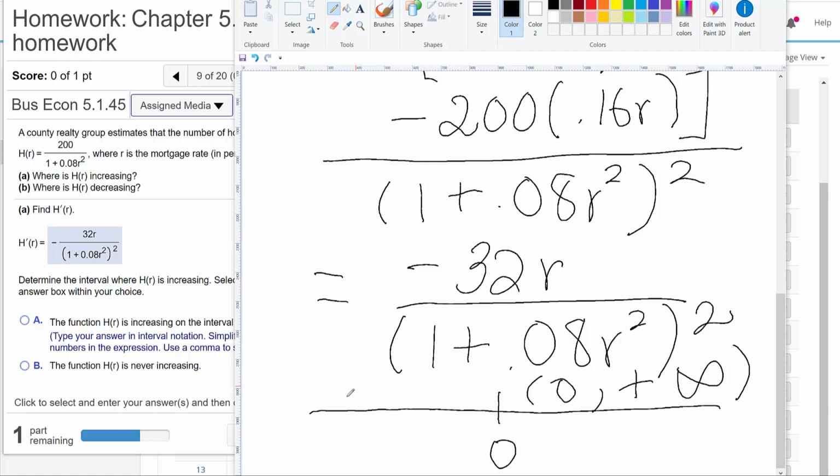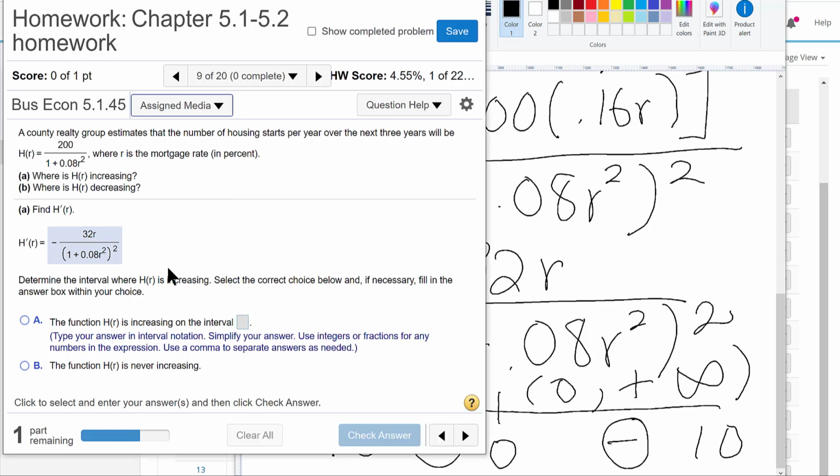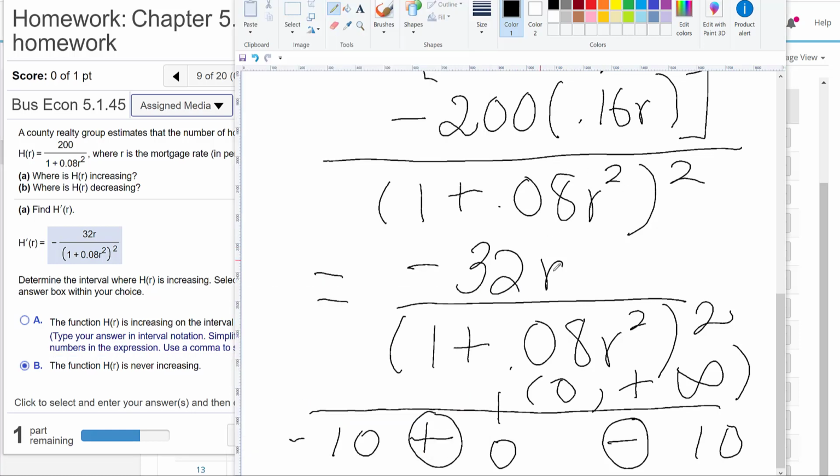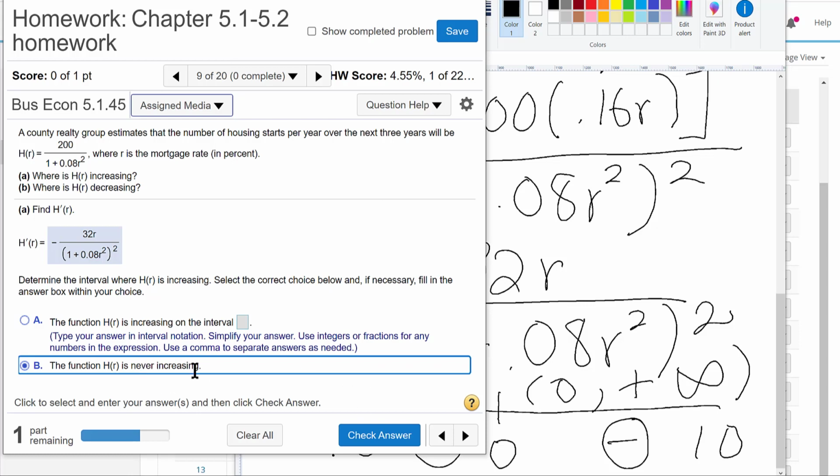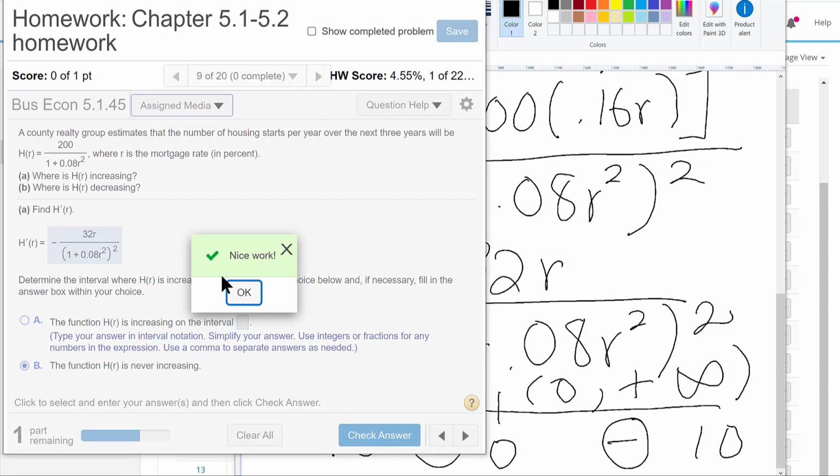However, when you plug in values such as -10 and +10, you'll find out that the rate of change is positive on the left of 0 and negative on the right of 0. So in the context of our problem, this function is never increasing. Now, if we weren't looking at it in context, it would be increasing from -infinity to 0. But because that's not part of our problem, we just say it's never increasing.